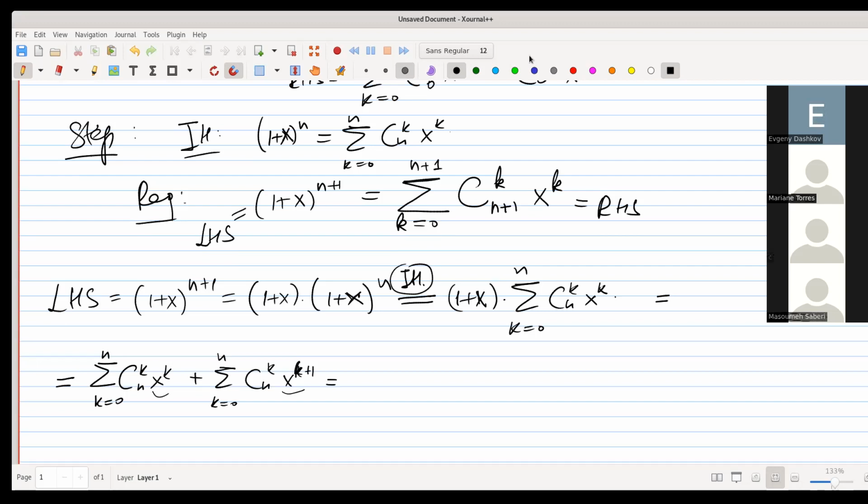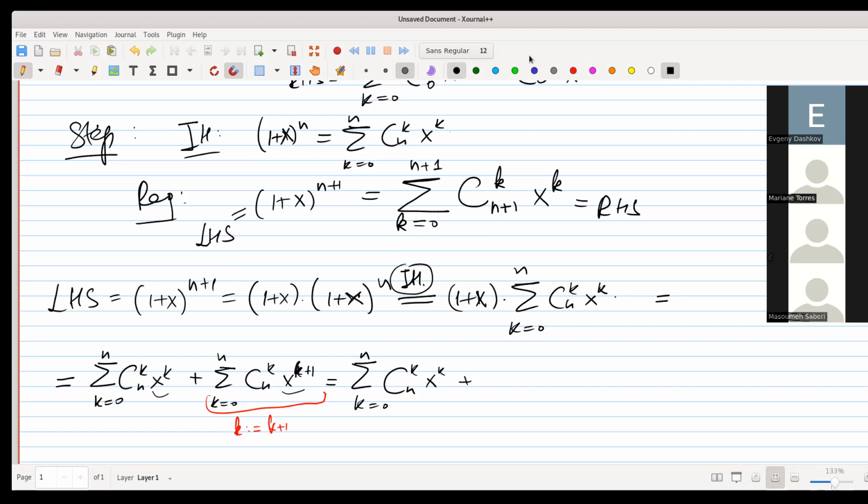Yes. But here we have x to the power k, and here we have x to the power k plus 1. How can we make them like? One way to do so is to rename k to k minus 1. That is, let us now call k plus 1 by the name k.